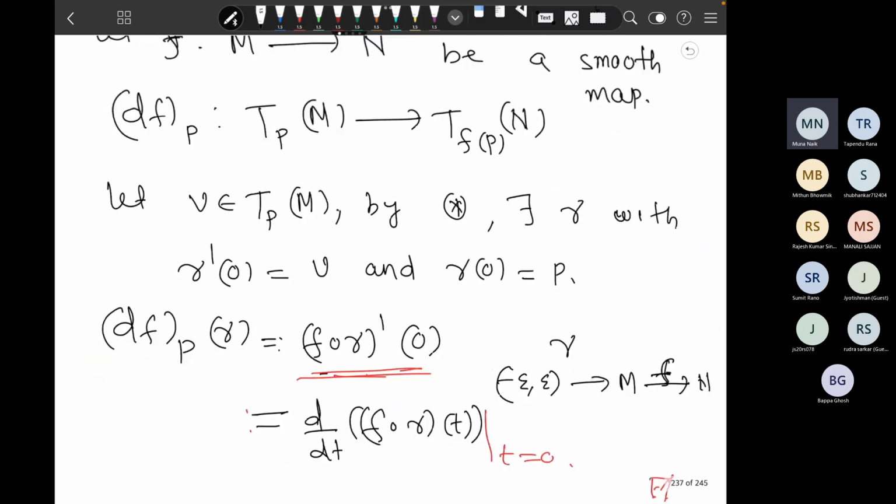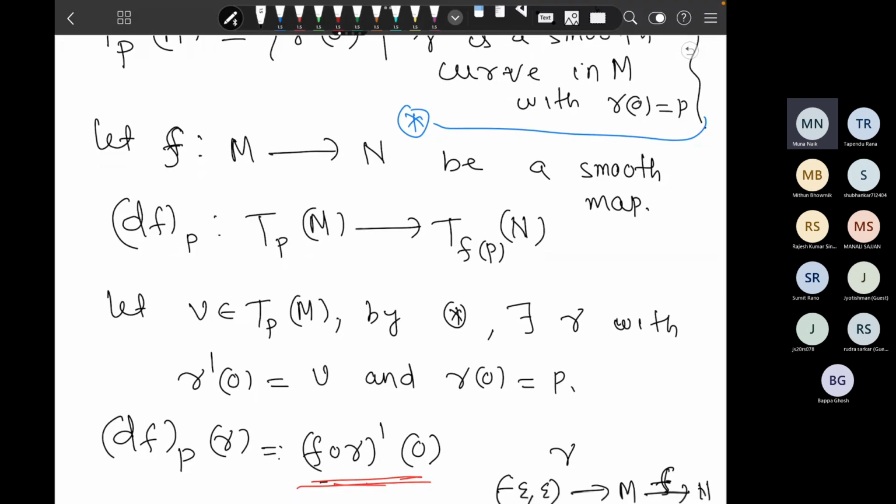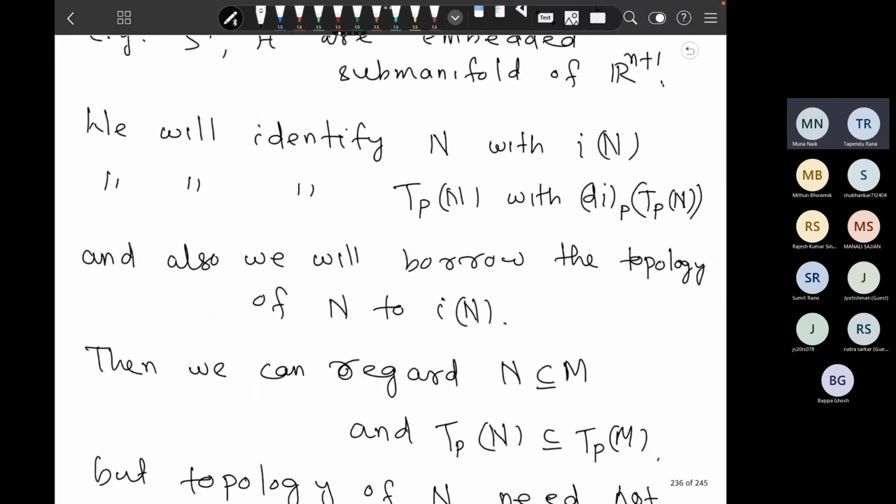If you do not know this definition, look at it carefully today.